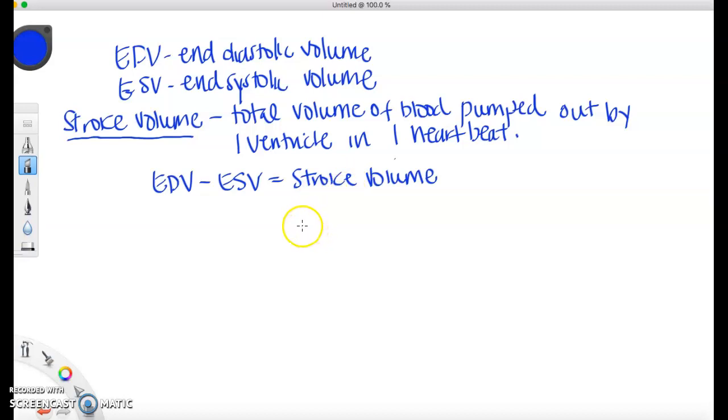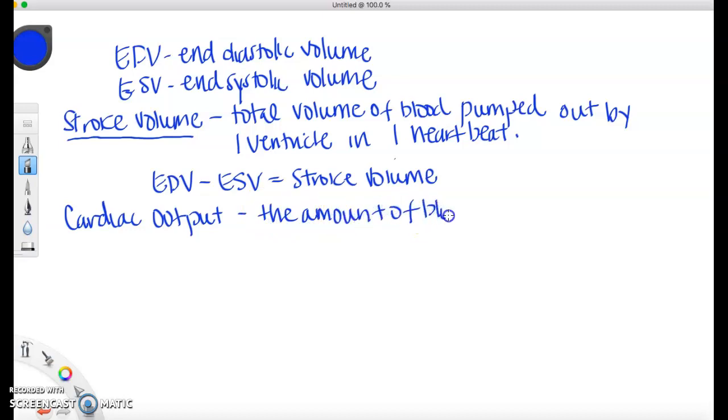So with that, we can figure out cardiac output. So cardiac output is the amount of blood ejected by each ventricle in 1 minute.